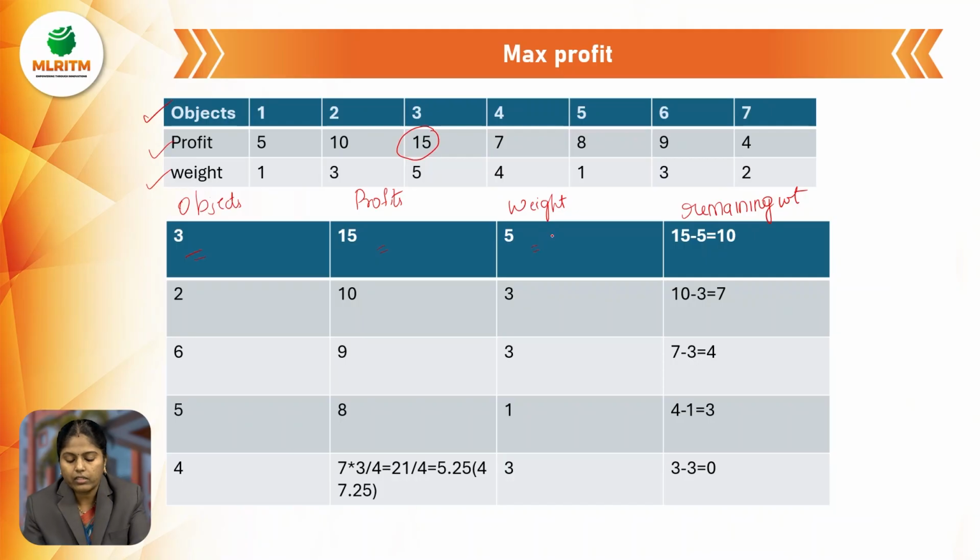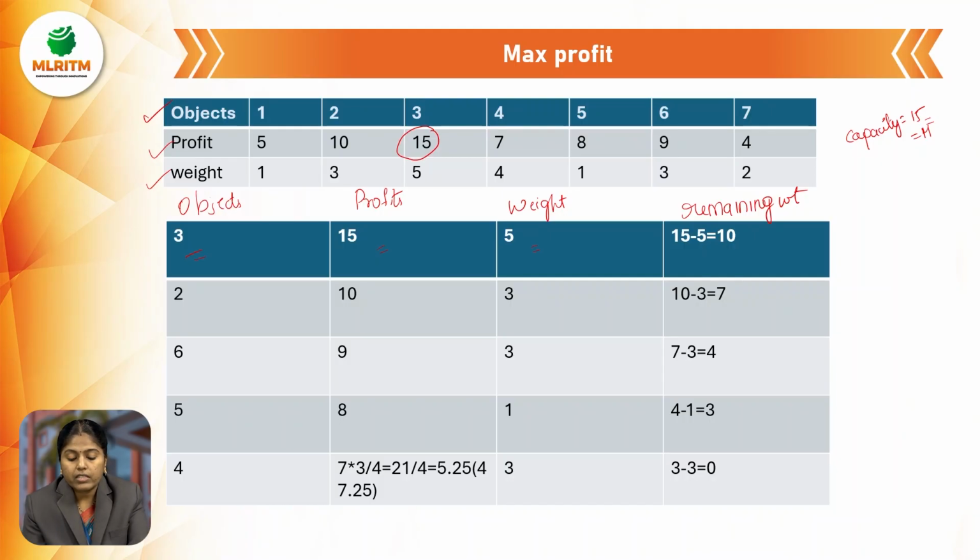The total capacity here is 15, that is, the knapsack capacity represented with M. Now we subtract this weight from the remaining weight: 15 minus 5 equals 10. This is the first maximum profit.